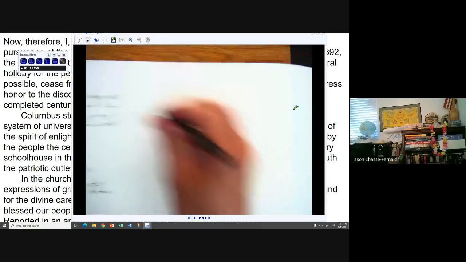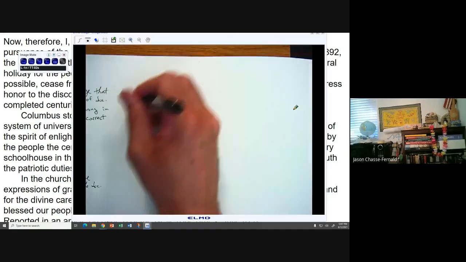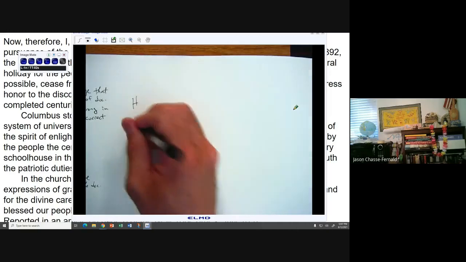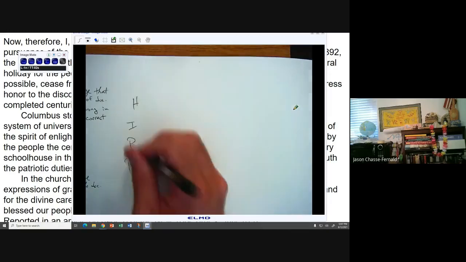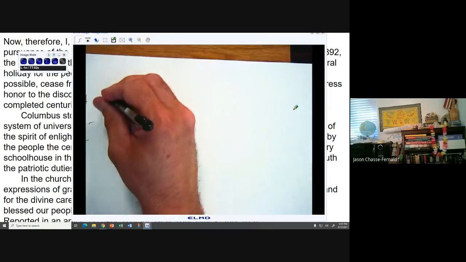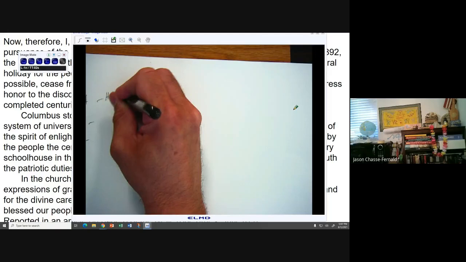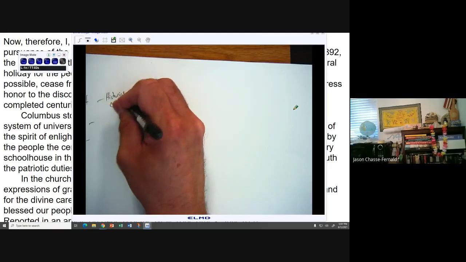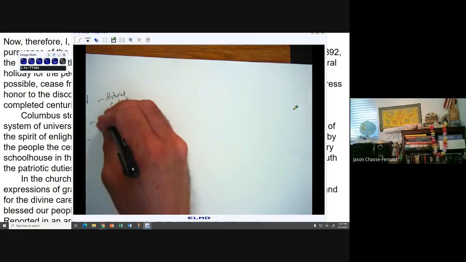Right? So when you're doing your sourcing, your HIPP or whatever acronym you want, just as a reminder, this is historical context, document specific.